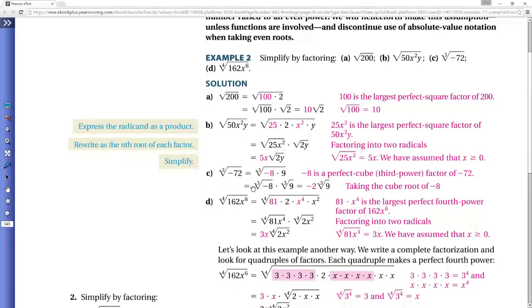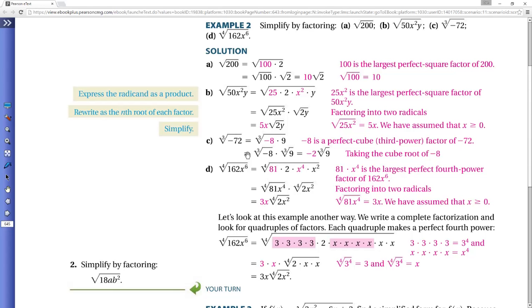I need to recognize that 8 is a perfect cube, or negative 8 is in this case. So I'd say negative 8 times 9 is a way to express negative 72. I take the cube root of negative 8 and get negative 2, and the cube root of 9 is still there. This would be a very tempting area here. Hey, 9 is a perfect square, but we're not looking for squares. It's a cube root. So be careful there.